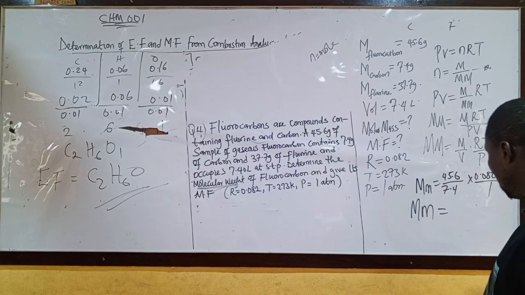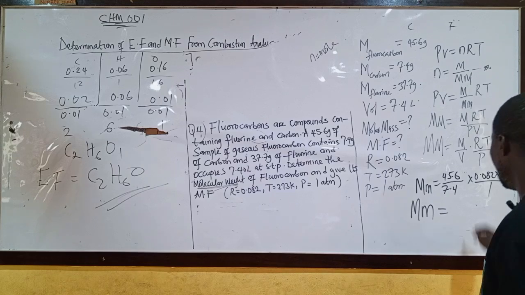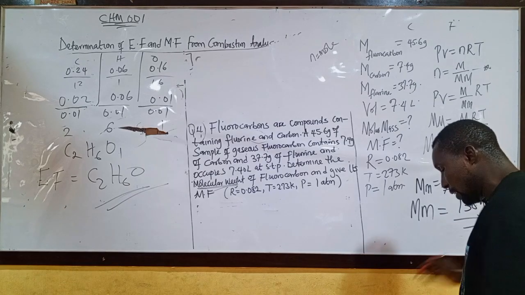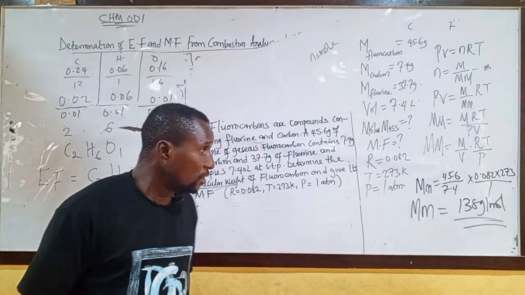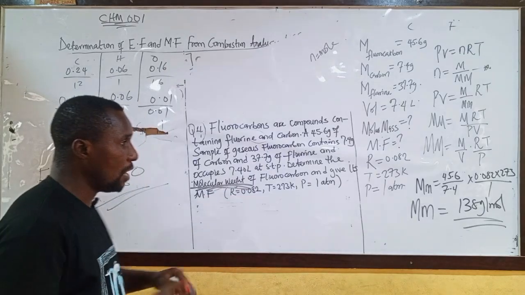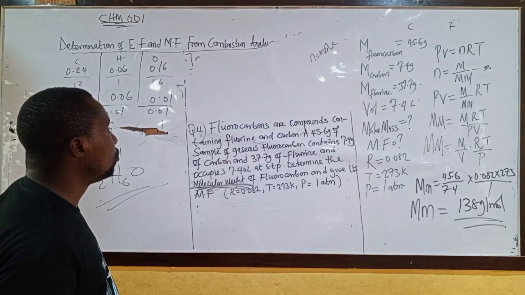If you punch this into the calculator, the molecular weight is 138 gram per mole. They say find the molecular weight, and we've gotten it: 138 gram per mole.